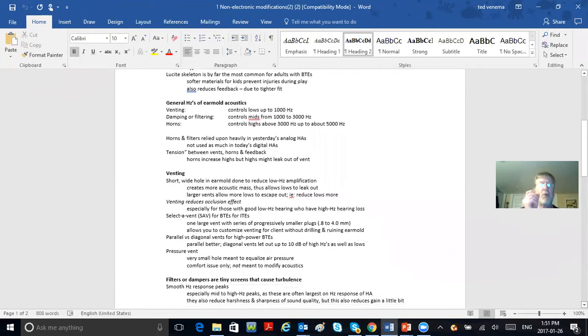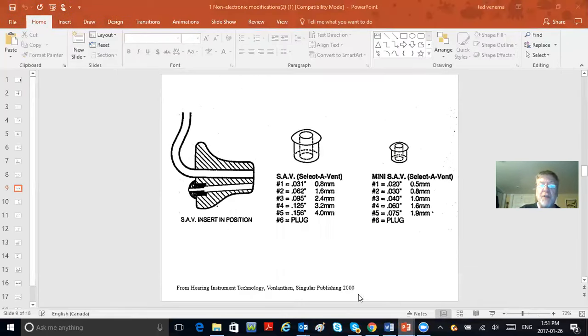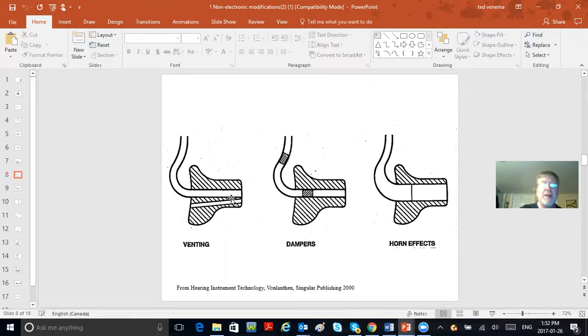But let's look at venting closely. It's a short, wide hole in the ear mold done to reduce low frequency amplification. What happens here? Well, with the vent, let's go up a slide. When you have a vent, you are allowing air inside your ear canal to communicate, follow my cursor, with air outside.